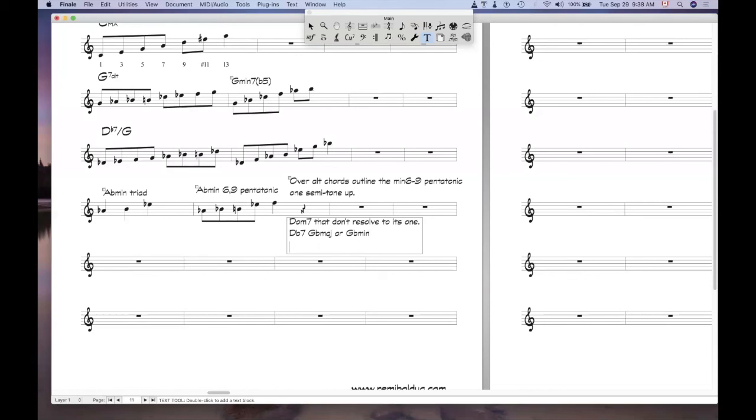If it does not resolve there, then you'll use the minor sound a 5th up of that chord. For instance, if I have D flat 7 resolving to C major, the D flat does not resolve to its 1, so here I'll start playing using the sound of A flat minor, often 6-9. Not all the time, but it does help to find a lot of melodic ideas.